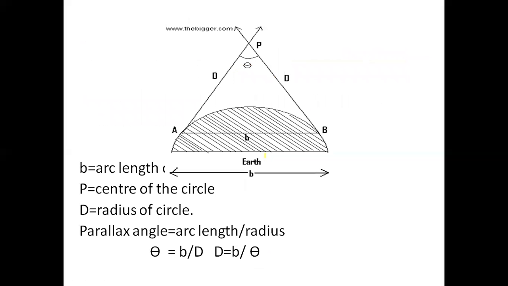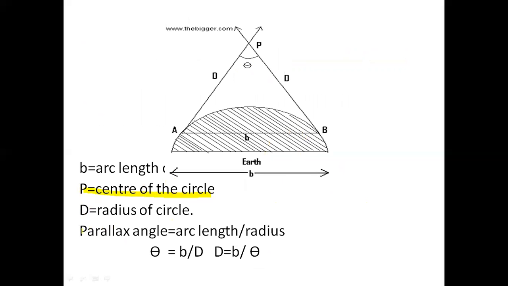So later on, I have put another diagram so that you will understand here. After drawing the circle, B becomes arc length and D becomes radius. I am repeating once again, P becomes the center of the circle.